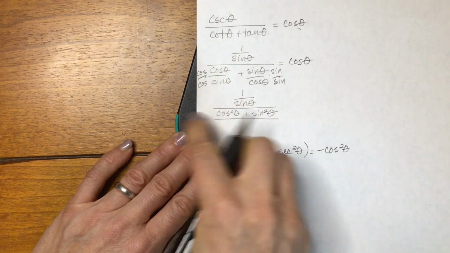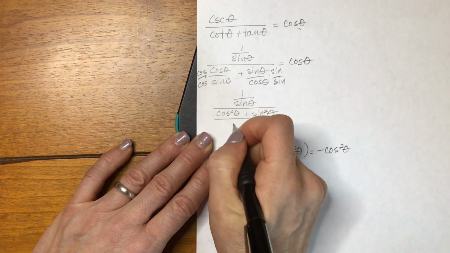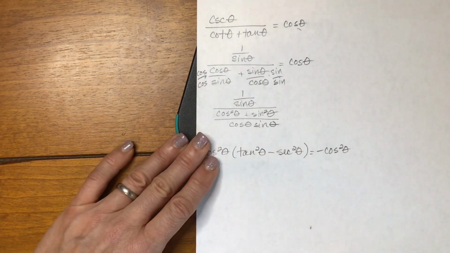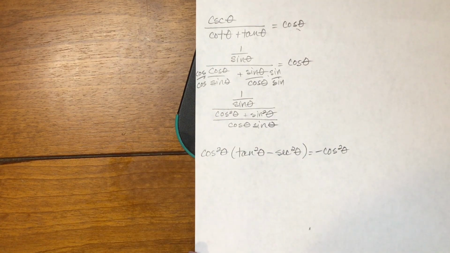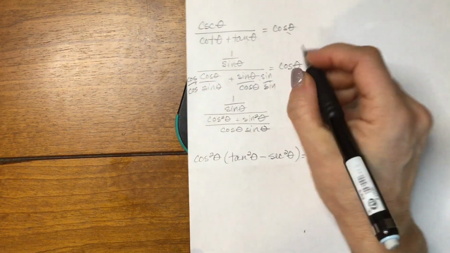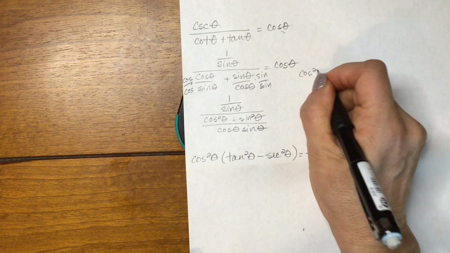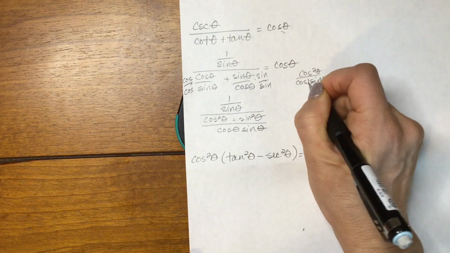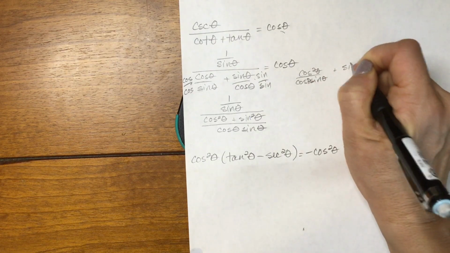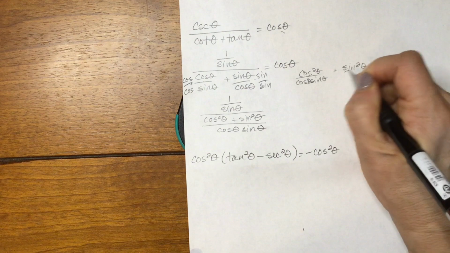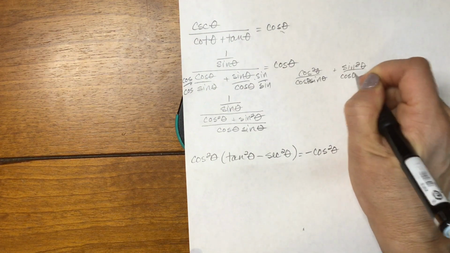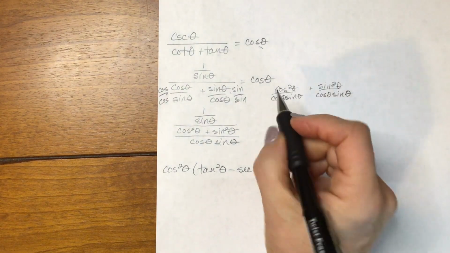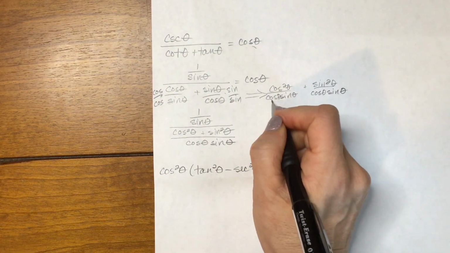And I'm just going to combine these terms because now I have a common denominator of cosine times sine. So the step in between, really right here, you could have said this was cosine squared all over cosine times sine plus sine squared all over cosine times sine. So that's kind of the intermediate step. You go here, and then you go there.